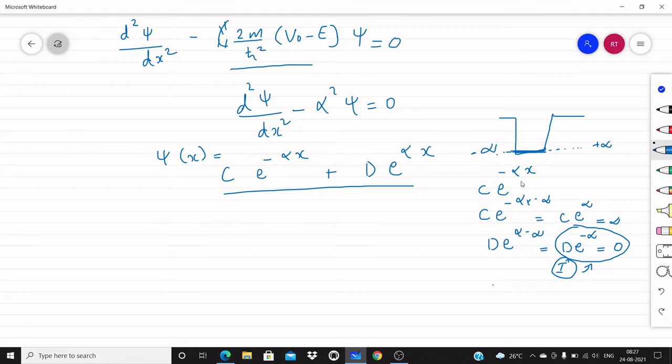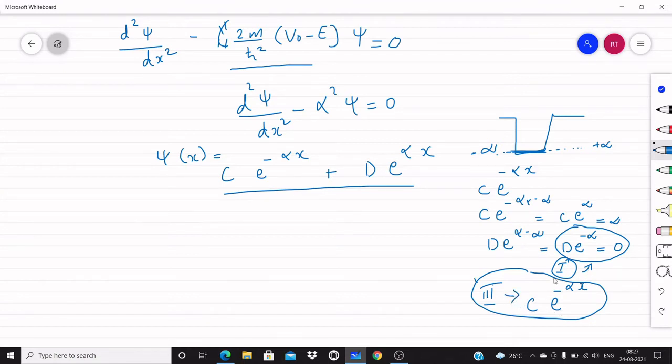So for region 3, you will have C e raised to minus alpha x, which is the one that is confined. These are the two values to be considered in regions 1 and 3.